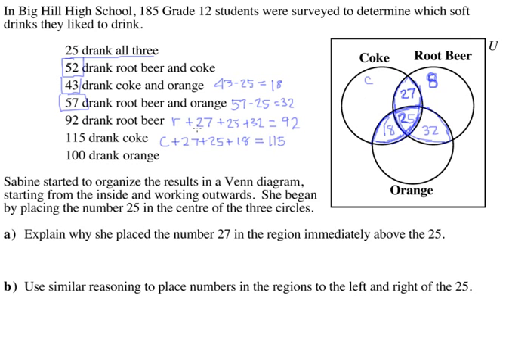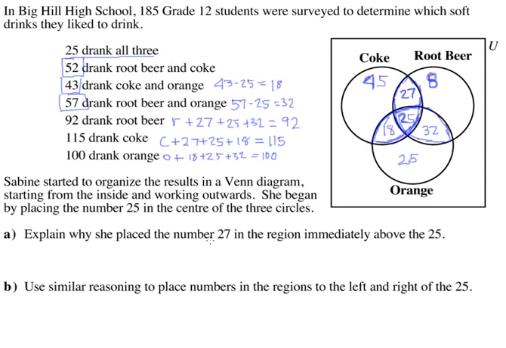If you solve this, what do we get? 52, 70, 115 minus 70, I believe we get 45 for the number of Coke drinkers. And we do that one last time for the orange people. O for orange. Not a great choice of variable, but oh well. We'll be careful. 18 plus 25 plus 32 has to add up to 100. 18 plus 32 is 50, plus 25 is 75. O must be 25.